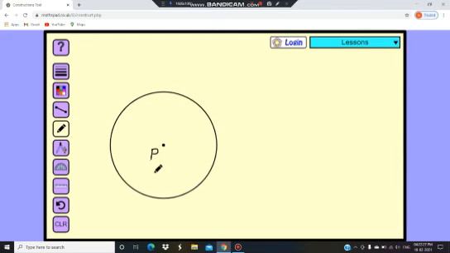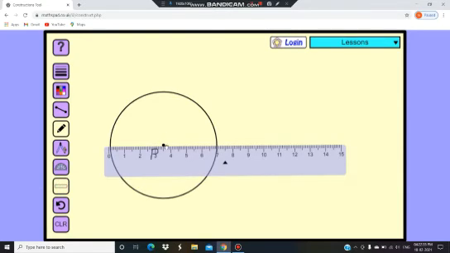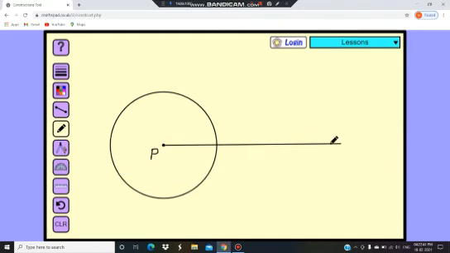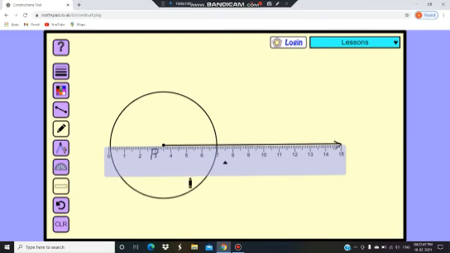Now what is asked? Take a point Q at a distance of 5.5 centimeter from the center. So from the center draw one ray and at the other end show the arrow. Now from the center the Q is at a distance of 5.5 centimeter.